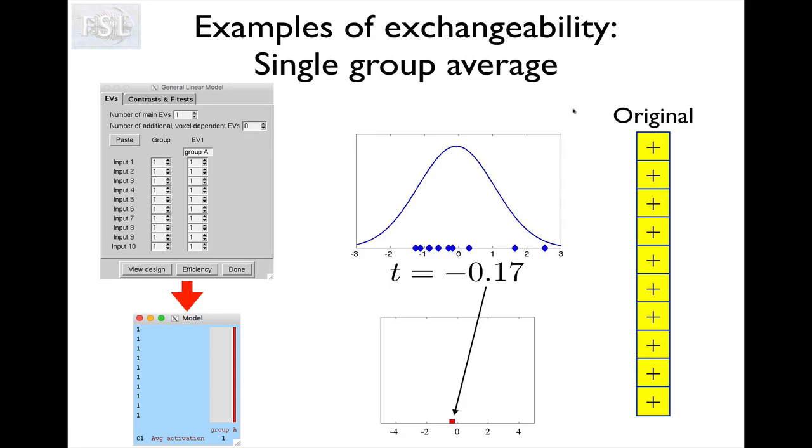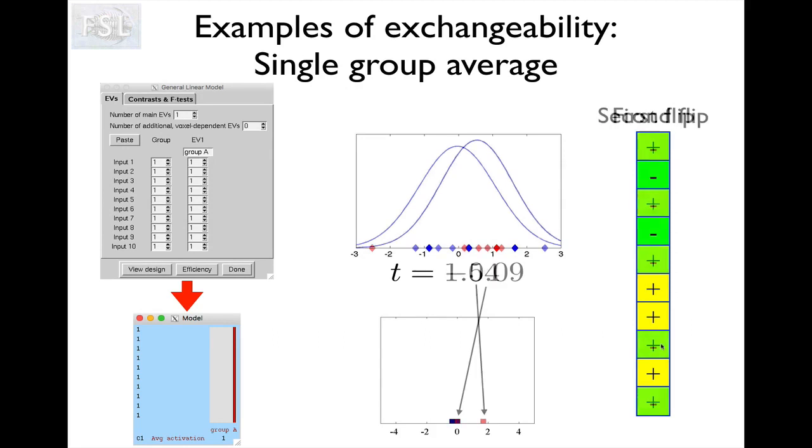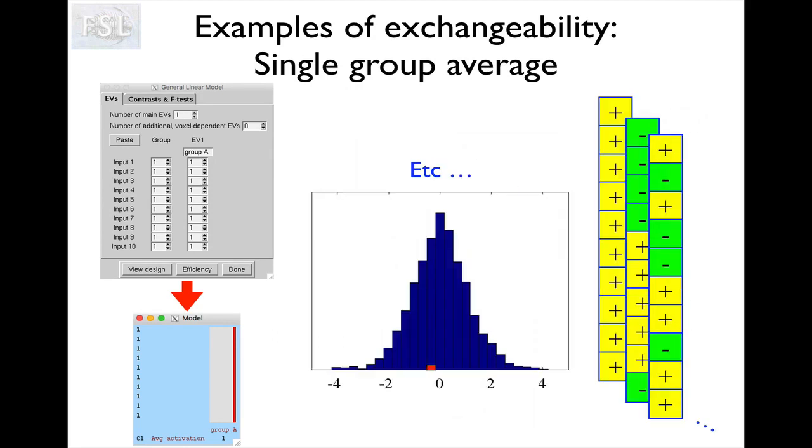So the original labeling, where we take the values all as they are, gives us a certain t-value. But then in the first flip, we randomly sign flipped some of the values. And the second flip, and the third flip, etc. So again, we build up this null distribution.